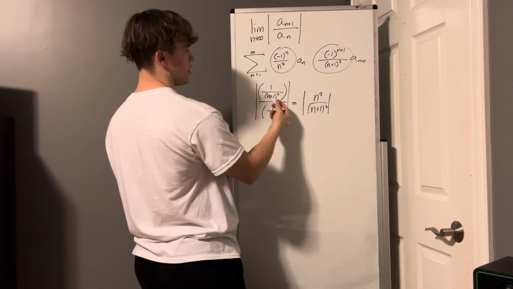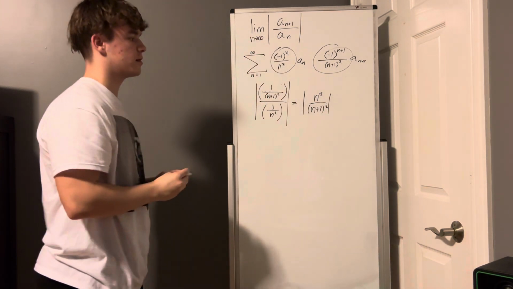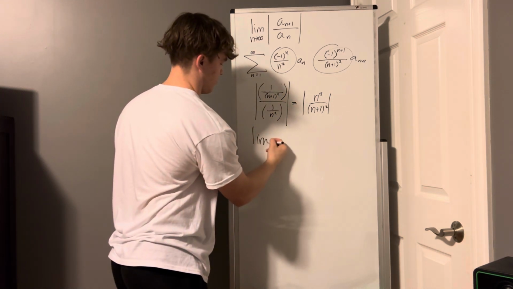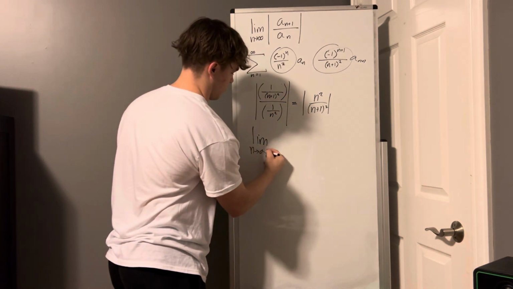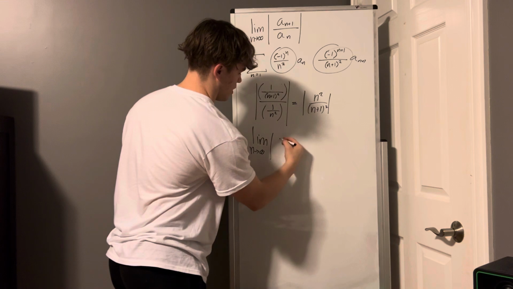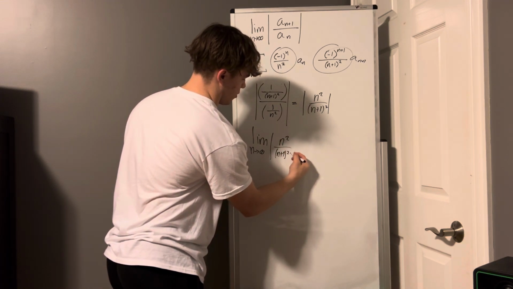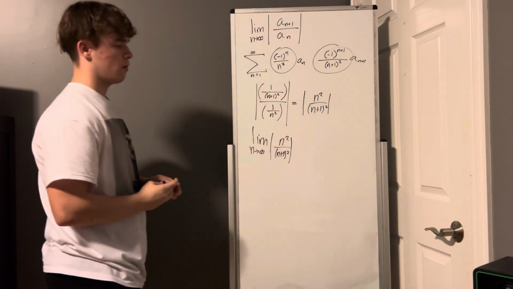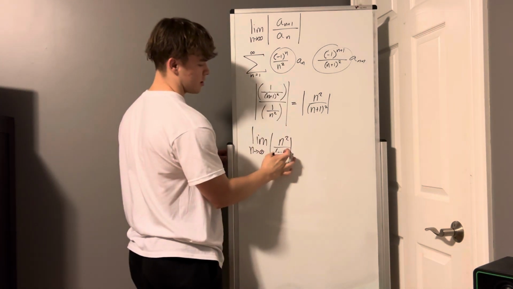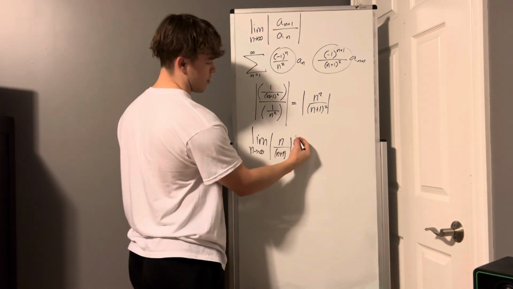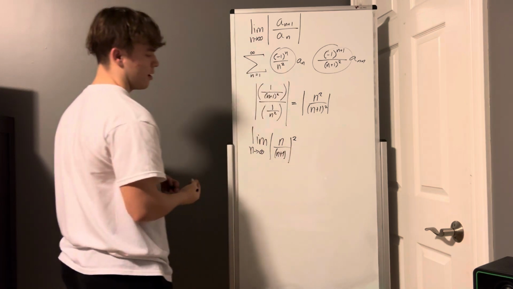Let's take the limit as n approaches infinity of this. That's n squared over n plus 1 squared. Well, we can actually take these squares out, since both terms are squared, and take the limit out here.